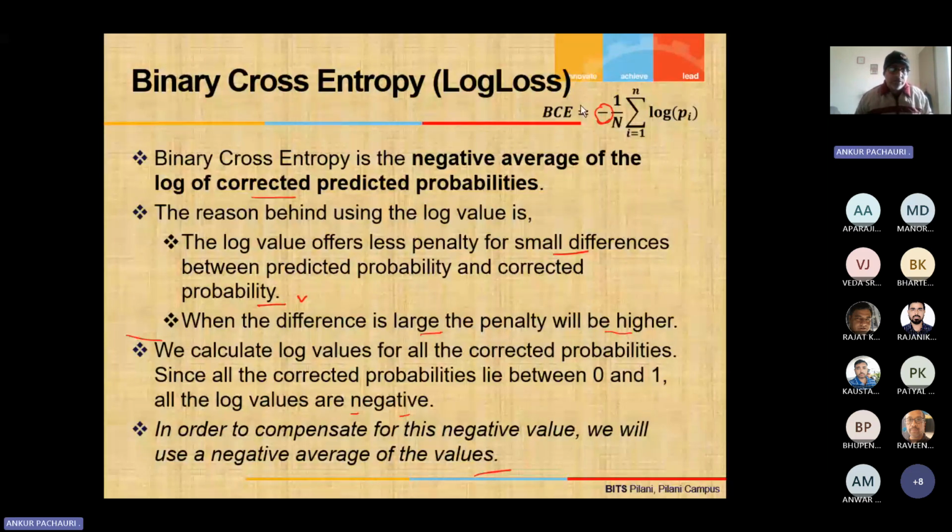How do we make those negative values positive? By multiplying the whole thing by -1. So in order to compensate for these negative values, we use the negative average of all the values to make it positive.